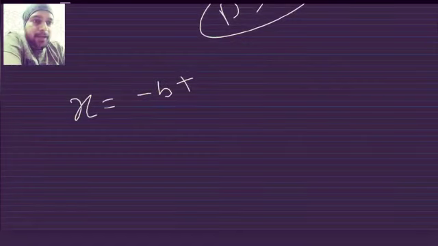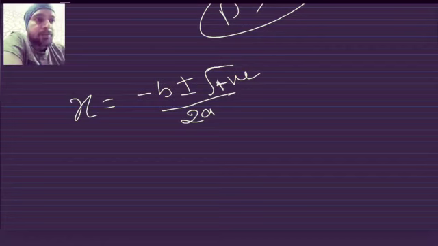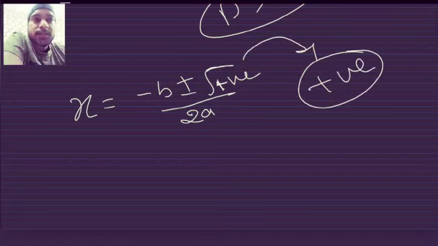So x is equal to minus b plus minus under root of discriminant upon 2a. Now this discriminant is a positive value. So in the under root it will be some positive number, and the square root of a positive number will be a positive number.